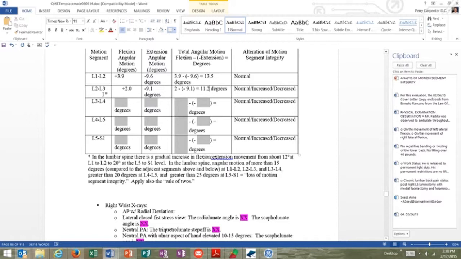So ordinarily, we would expect the L2, L3 motion segment to have a little bit more motion than does the L1, L2 segment. But with our crude measuring methods and margins of error, I'm going to say that 11.2 is roughly within normal limits for what we would expect in this area. In other words, it says we should expect about 12 to maybe 14 degrees if we increase perhaps 2 degrees at each segment to arrive finally at 20 degrees at the L5S1 segment.